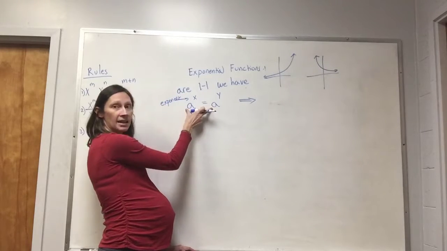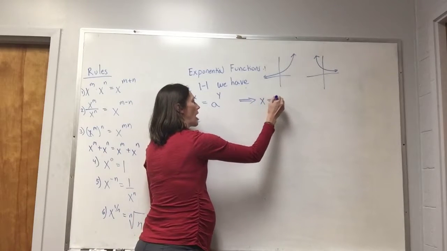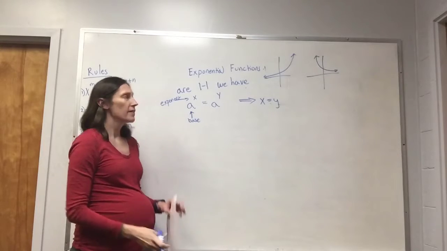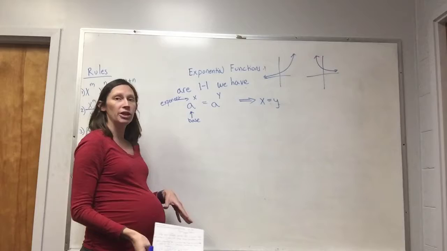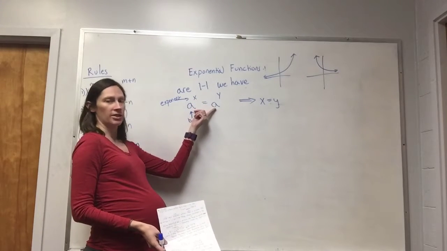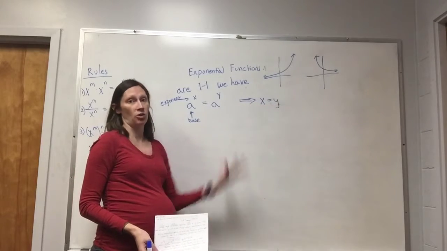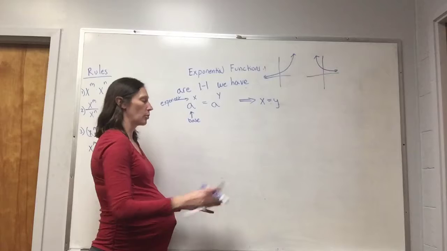So if I have the exact same base, but possibly different exponents, the exponents are actually going to equal one another. That's because of the definition of one-to-one, right? Every output has exactly one input. So if I'm saying, oh, the outputs are the same, then it must be that the inputs are also the same, okay? So if this equal sign works, this equal sign also works.